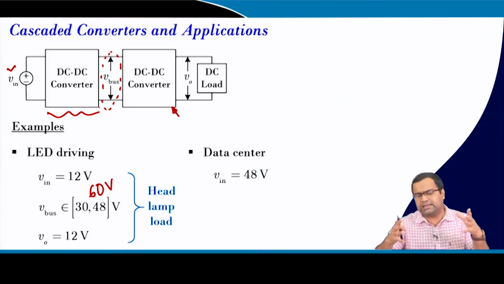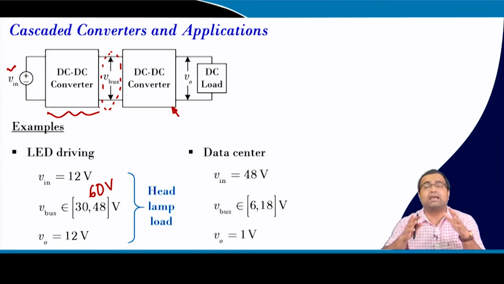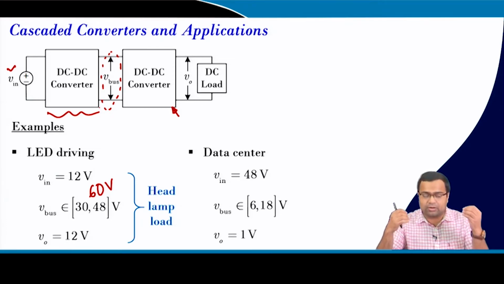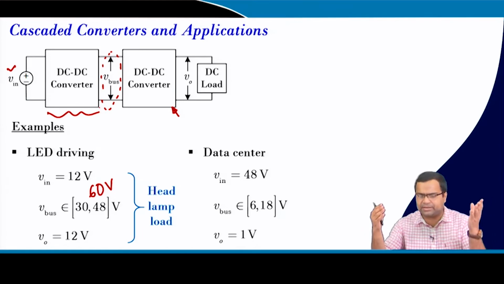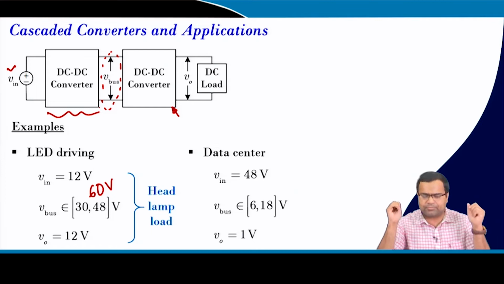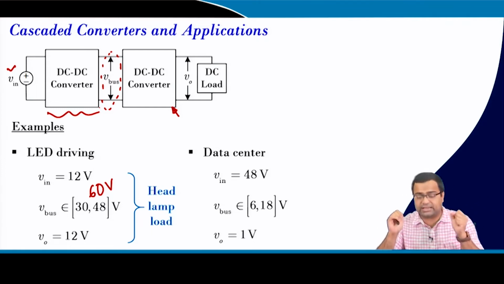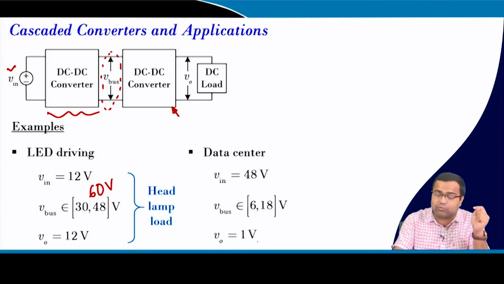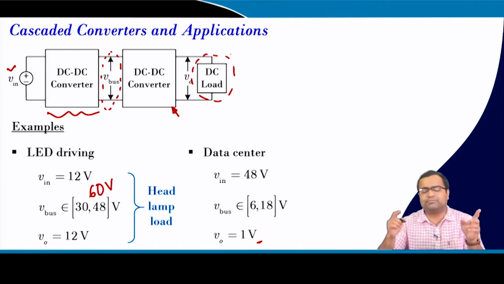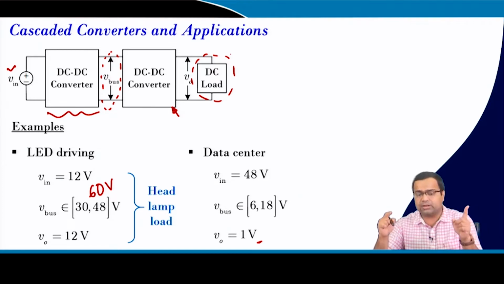In data center applications, 48 volt has now become a standard, and we need to achieve an output voltage roughly around 1 volt, because it has to supply a processor, which can be a server processor, desktop computer, laptop computer, or server computing station, where the current can be significantly high and the voltage is around 1 volt at the output terminal. That means the output load can be a processing load whose voltage is around 1 volt, but the current can be hundreds of amperes.